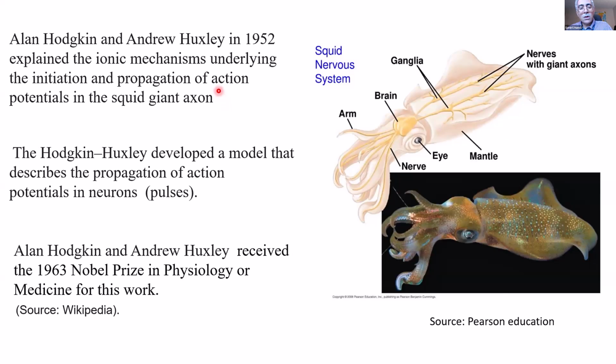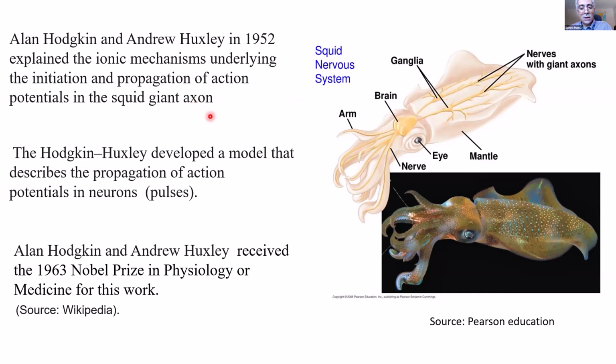To give you some ideas about studying this propagation of pulses in neurons, there is fundamental work carried out by Hodgkin and Huxley in 1952. They based their experimental study on the giant squid, because the giant squid has a huge, big axon. In humans, the axon of neurons in the brain has a diameter of just a fraction of a millimeter.